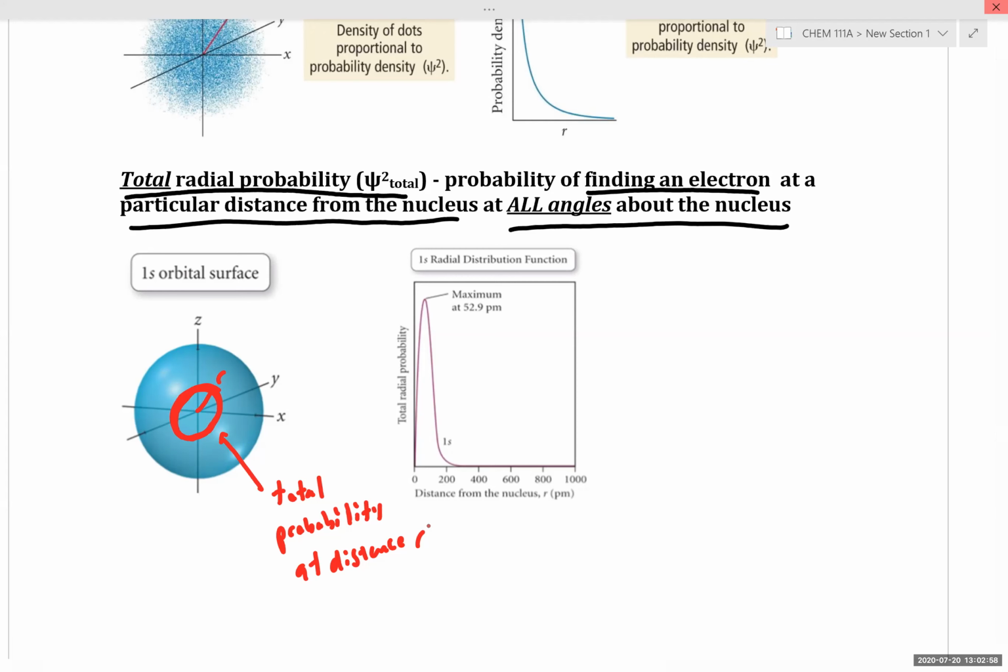What these probability densities describe is the likelihood of finding an electron, and it serves as a proxy for the relative amount of electron density at a certain distance from the nucleus.